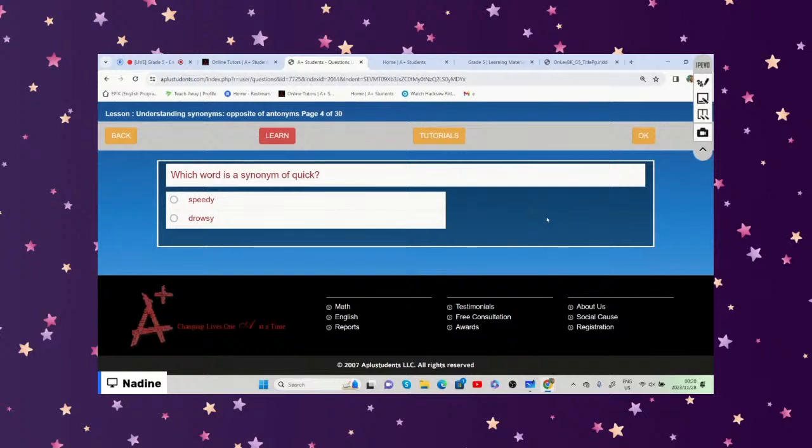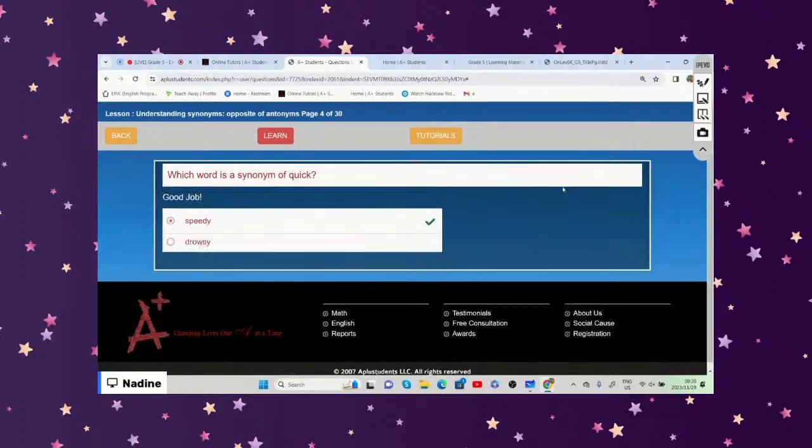So something that's quick, is it speedy or drowsy? And the word that is a synonym or the same as or similar to quick is speedy, right? So quick, hurry, speedy. And speedy is correct.